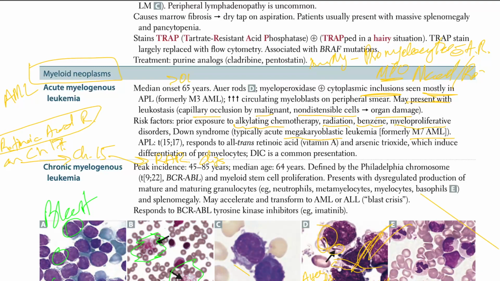When RAR gets disrupted, this leads to blocking of maturation. And when you block the maturation, the blasts stay with what they were. They are the blasts, so they stay. They can't mature. So accumulation of blasts, also known as promyelocytes, as I mentioned already.